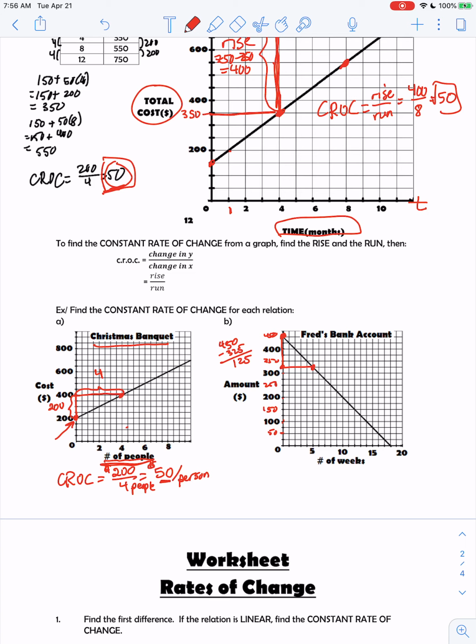So the rise, so the constant rate of change, which equals the rise over the run, is minus, it went down $125. So that's dollars. And it did that in 5 weeks, which equals going down $25 per week.